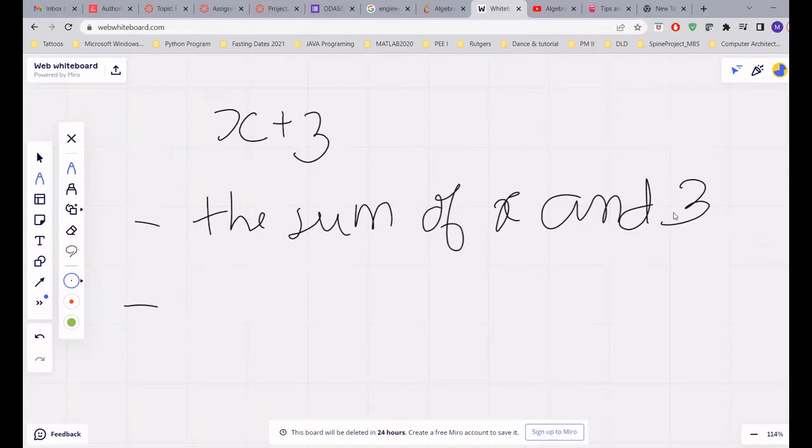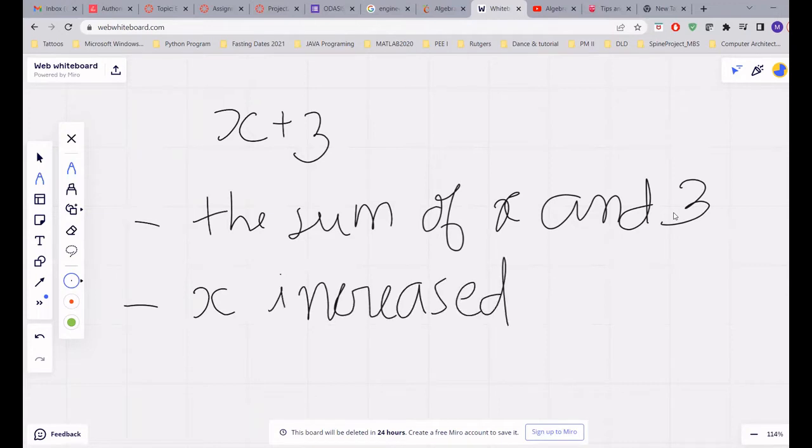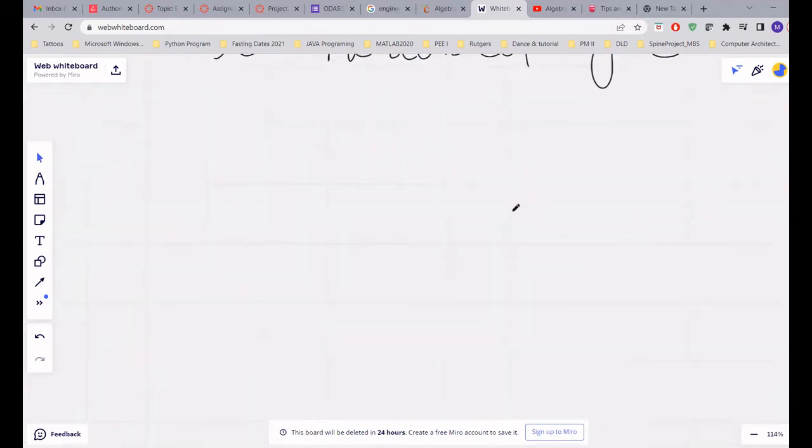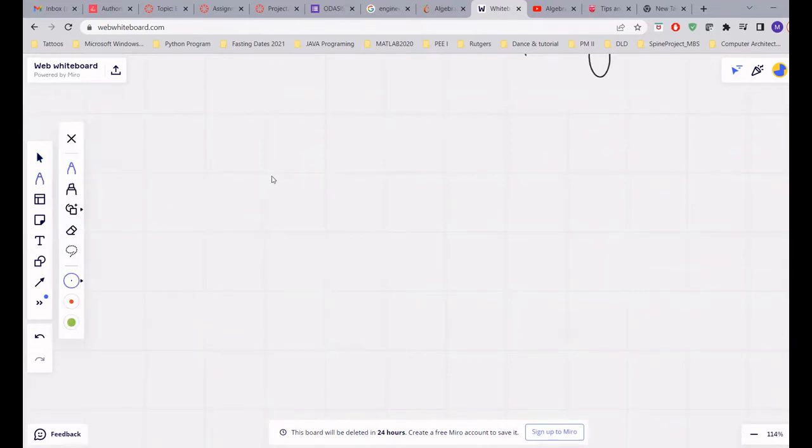Another way that we could express this expression is by saying x increased by 3. Let's take another example so we can better understand how we could translate algebraic expressions into words.